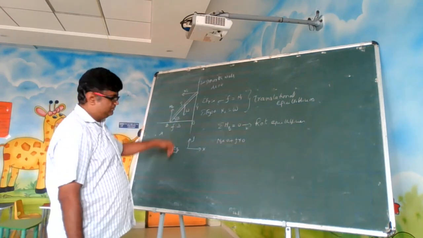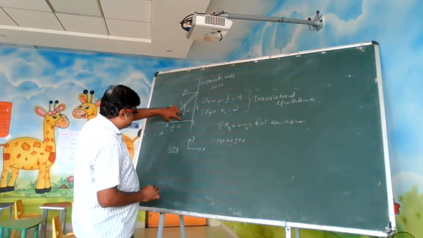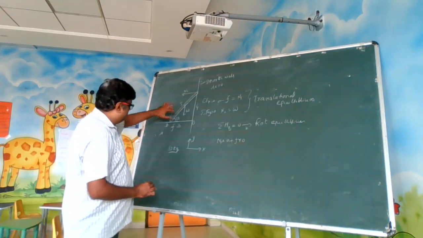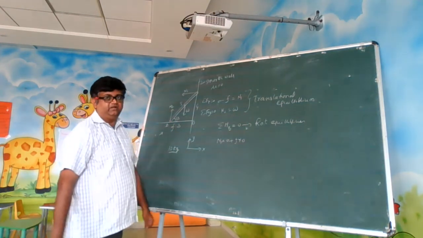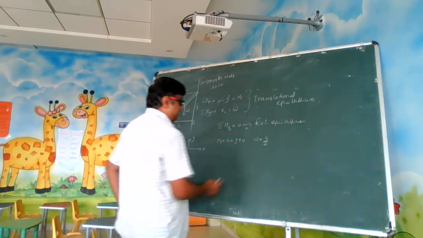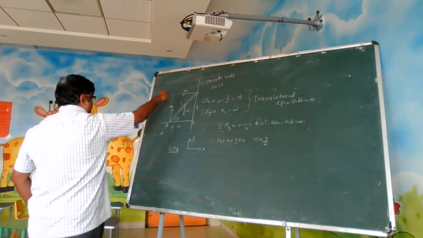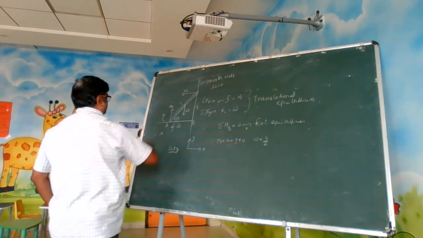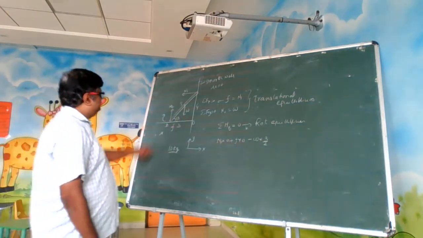Mg, weight. So I will write W into this distance, W into lever arm, taking moments about this point. This is 3, so this will be 3 by 2. So W into 3 by 2 is the moment. Clockwise is negative.